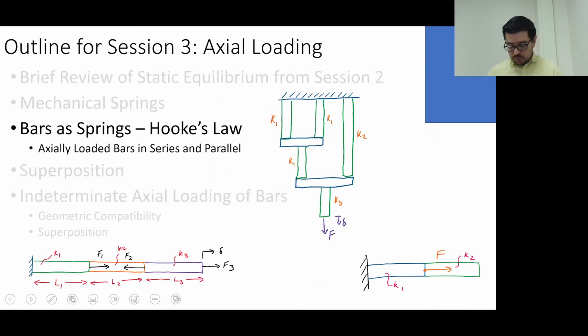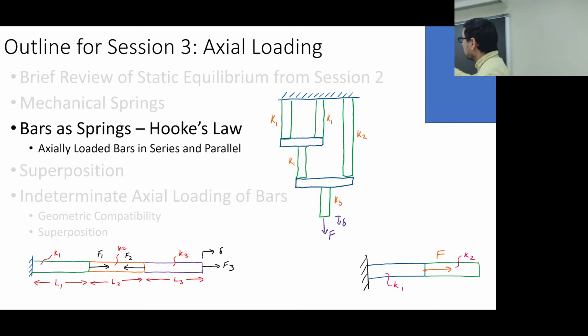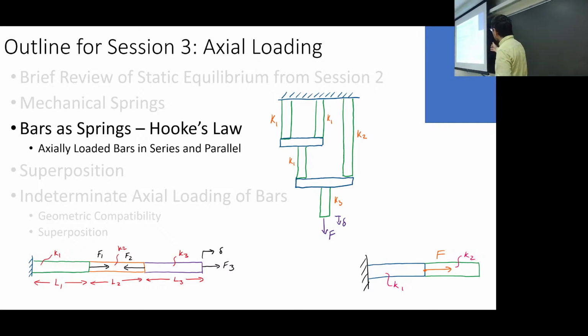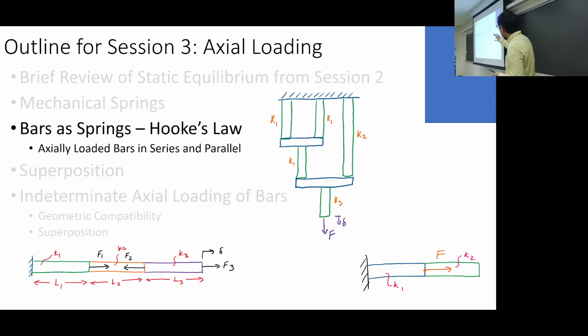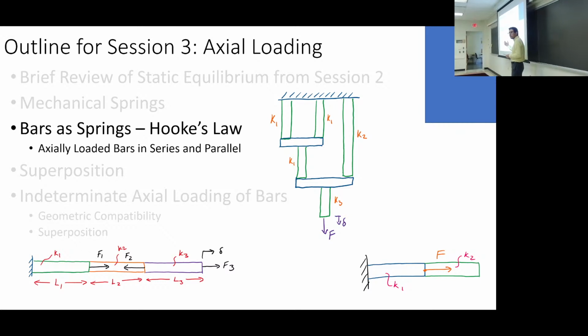Now, let's make things a little more interesting. We're going to start analyzing these different types of structures where you have different bars in parallel or series with each other in configurations where we're going to assume that these beams here are infinitely stiff for now.